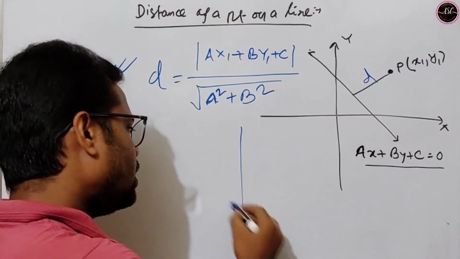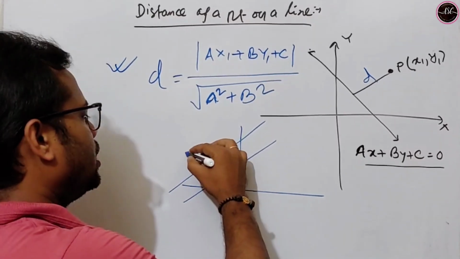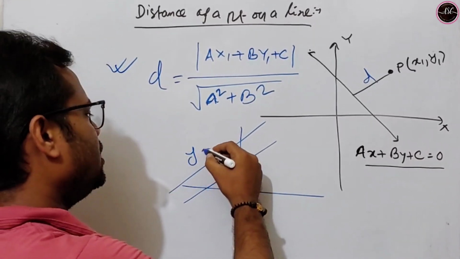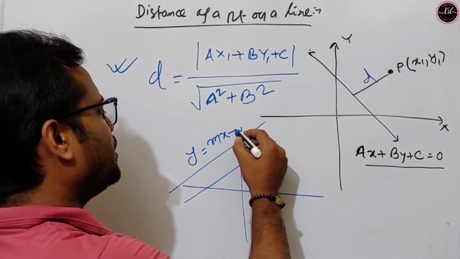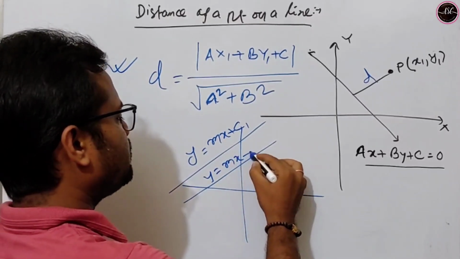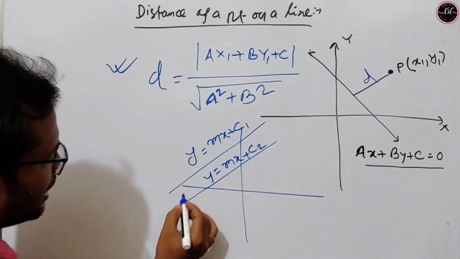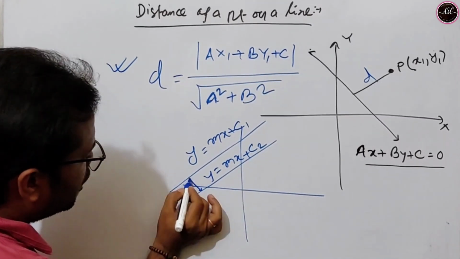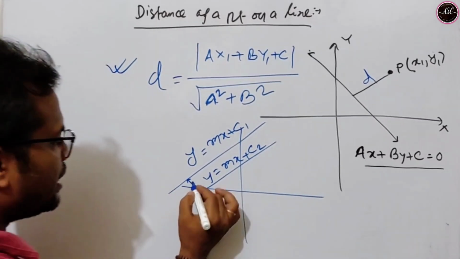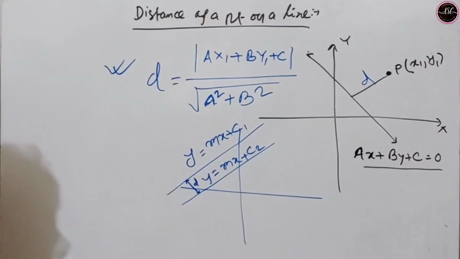If in the coordinate plane there are two parallel lines, the equation of the first line is y is equal to mx plus c1, and the second line is y is equal to mx plus c2. So the distance between these two lines, let the distance be d, and what will be the formula?